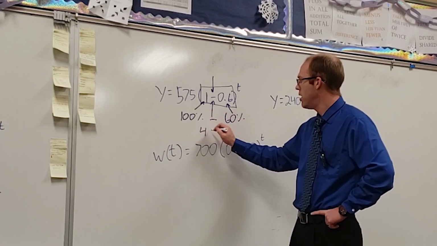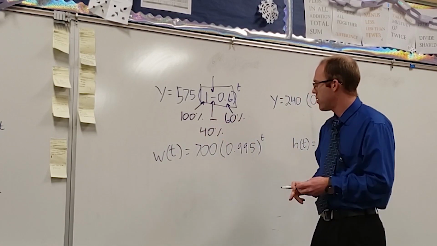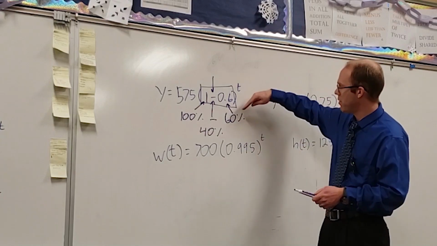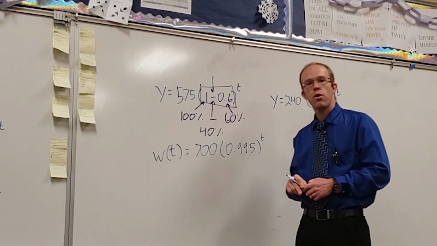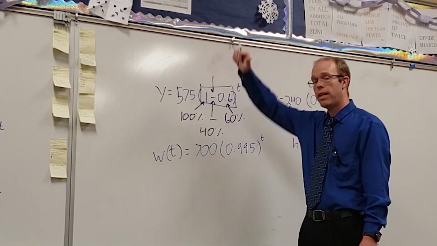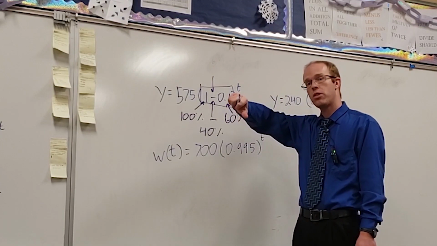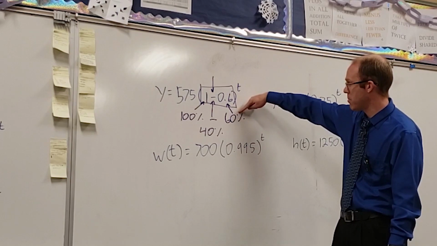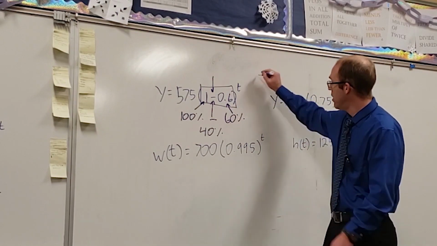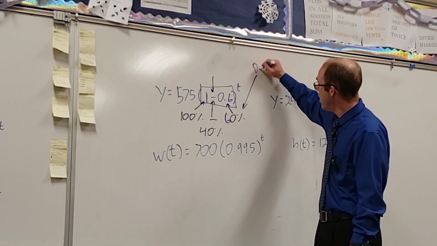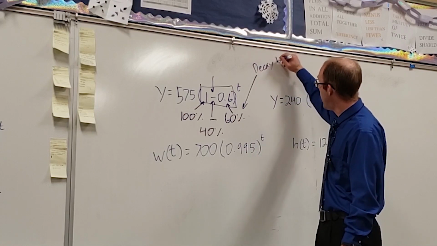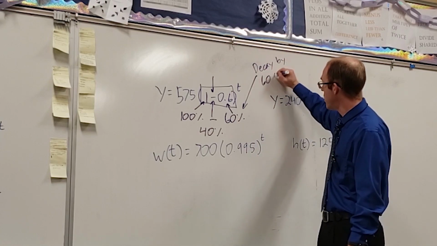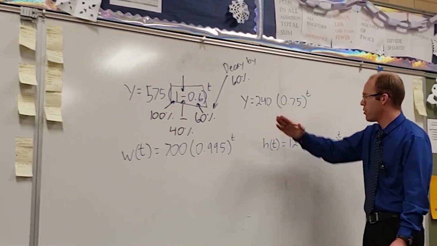That puts us at a total of 40% compared to what we were at before, where we have lost 60%. So language is important here. We are decaying, we are going down. The question is by how much? We have gone down by 60%. So the language would say decay by 60%.